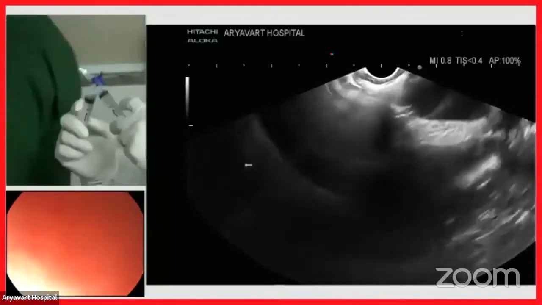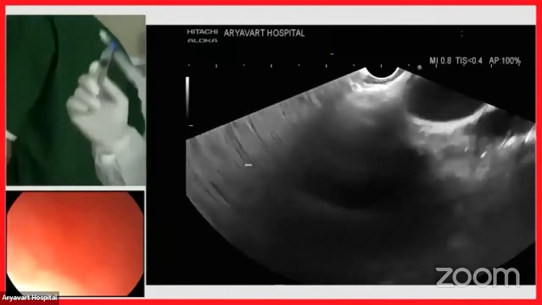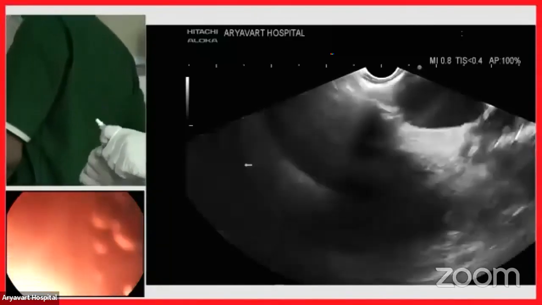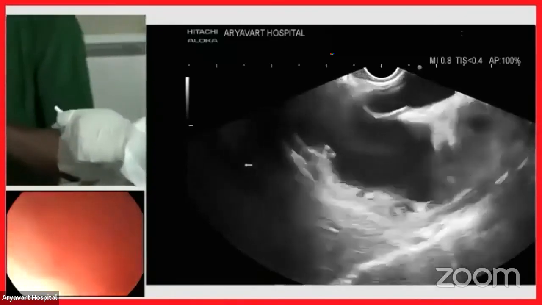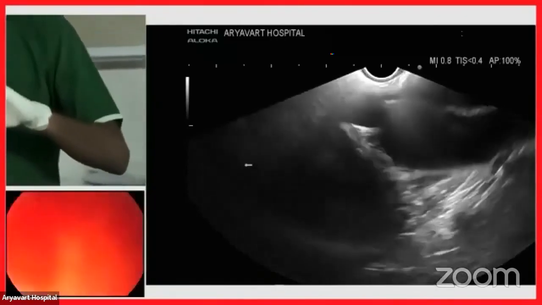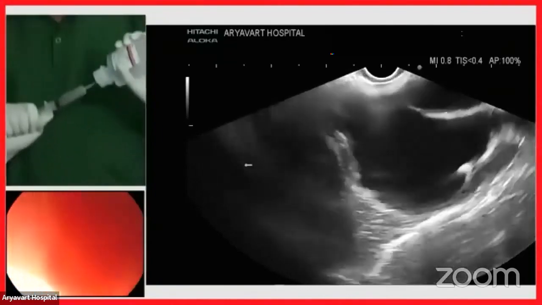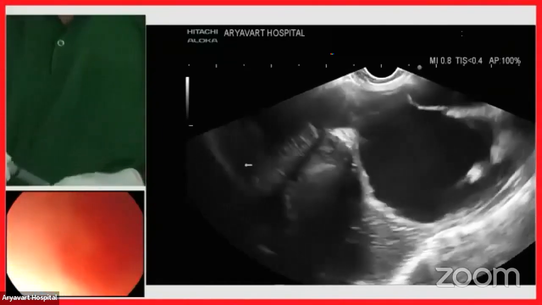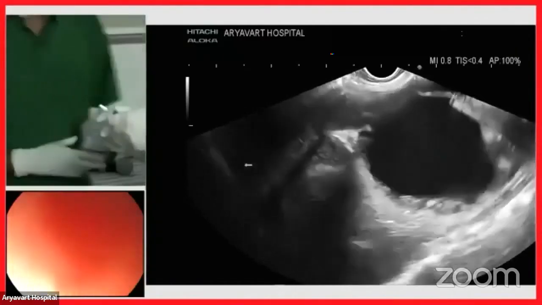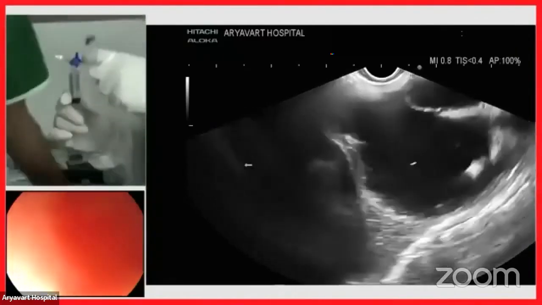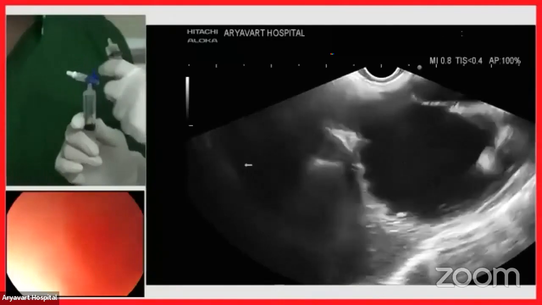So this is not a Luer lock syringe, so this can happen. You should always use a Luer lock syringe for this. We don't have a Luer lock here. So can we have some more? Again, an ml of air.